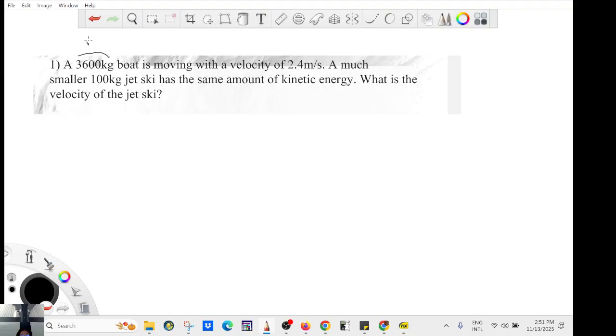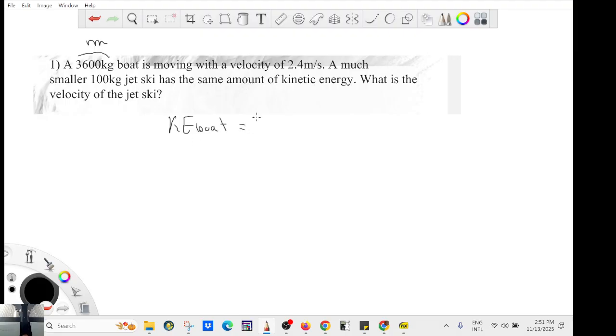So that's the mass. So kinetic energy of the boat. Okay. And they have the same kinetic energy. So kinetic energy is 1/2 mv squared. So now it's a problem about kinetic energy.